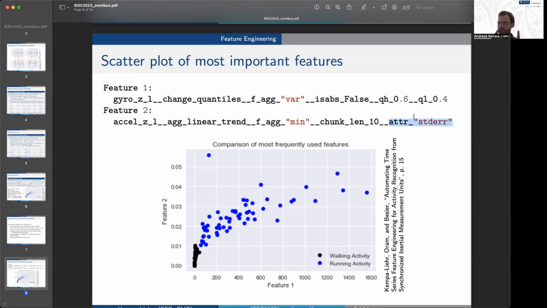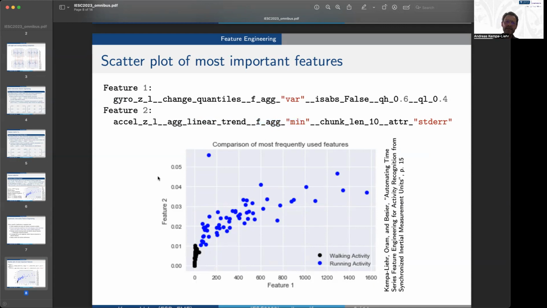From all the standard errors of these piecewise linear models, we take the minimum. The smaller the standard error of those piecewise linear models, the more likely it is walking. This is why we see all the walking activity here close to the origin. And this, of course, also makes sense.